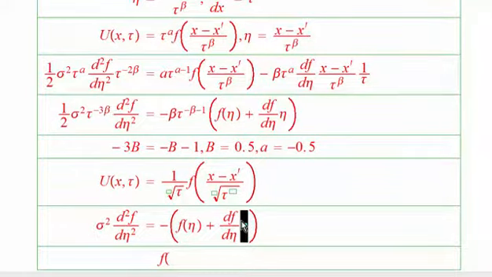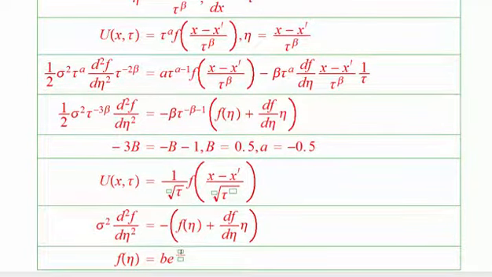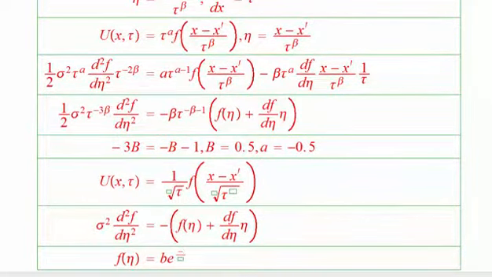So f as a function of eta is equal to some number e to the power minus eta squared over 2 sigma squared.